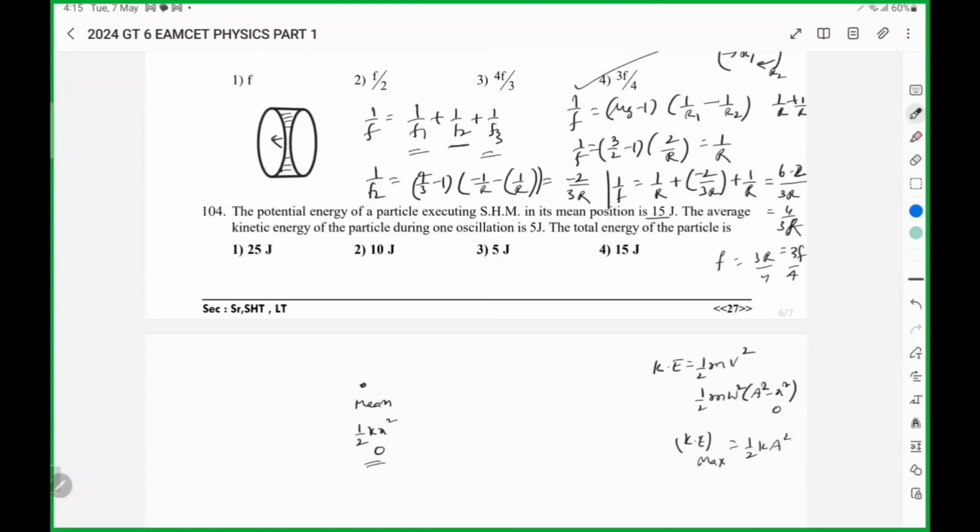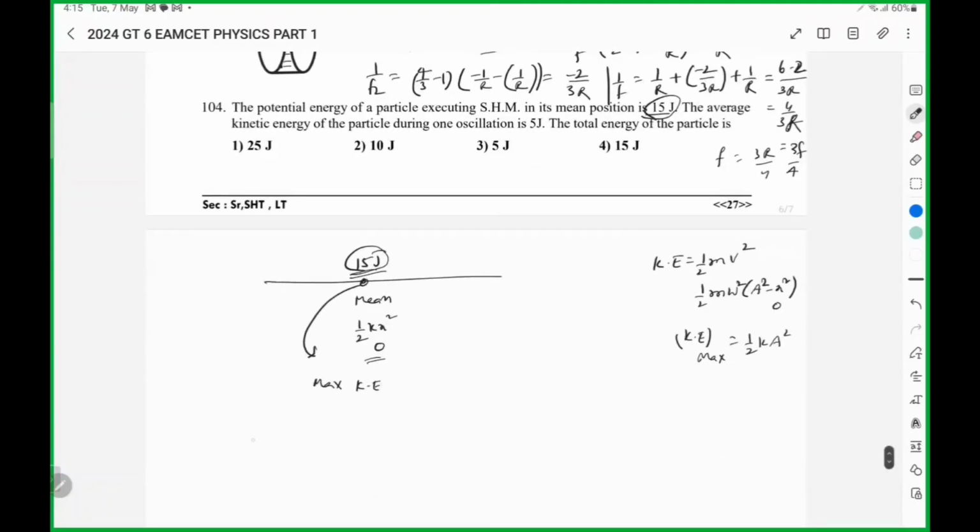But it is given that initially it has 15 joules of energy. So kinetic energy at the mean position, nothing else is mentioned, we take potential energy as reference 0. We already mentioned 15 joules is the kinetic energy. At the mean position, it has maximum kinetic energy.